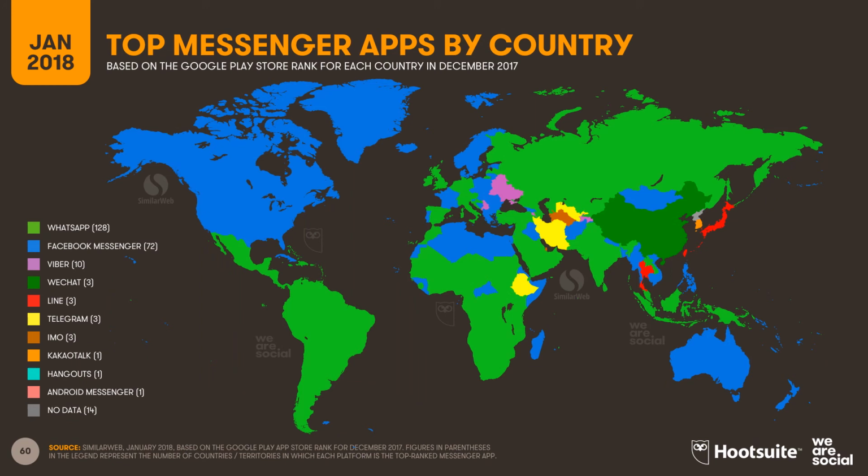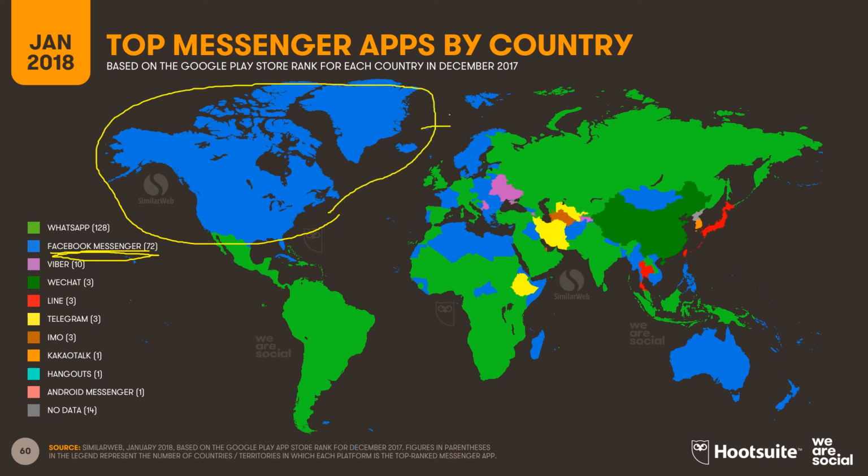Previously we talked about Facebook, right? So now Facebook is here. Don't think that Facebook is common in the whole world; most likely it is only the United States or some areas in Europe, or North America, because Facebook started here, right?